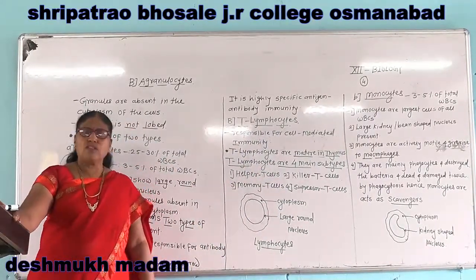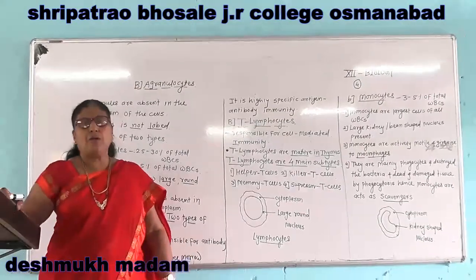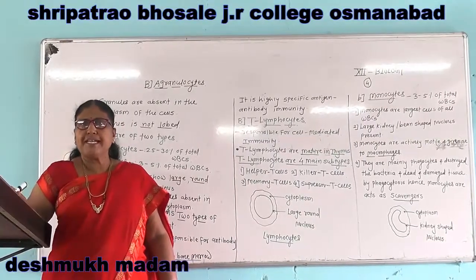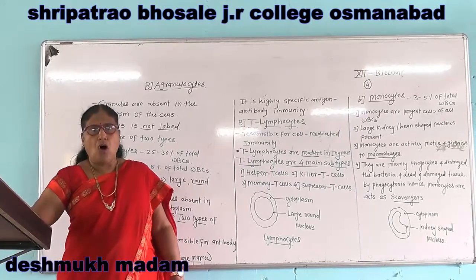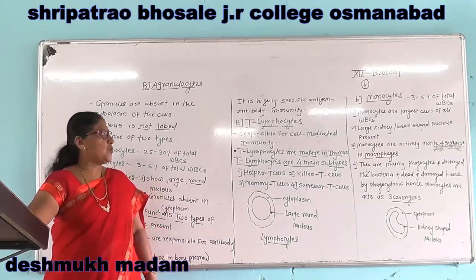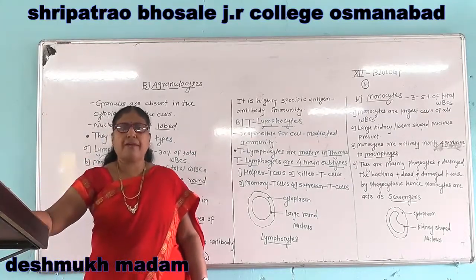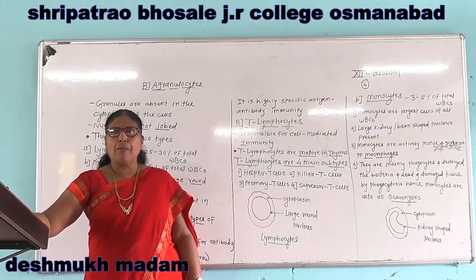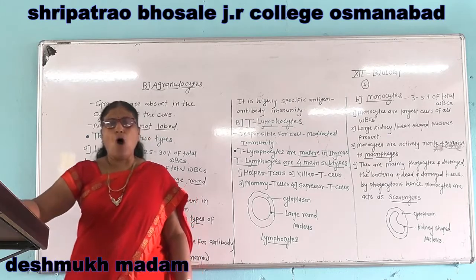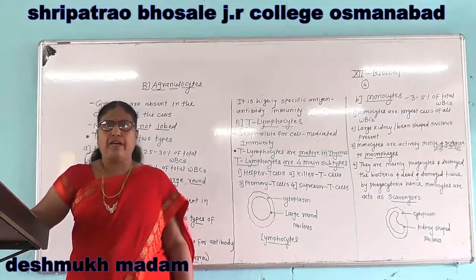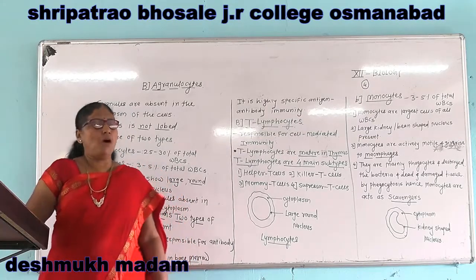Monocytes are the largest of the WBCs, with a large kidney shaped or bean shaped nucleus which is present in the cytoplasm of the cell.